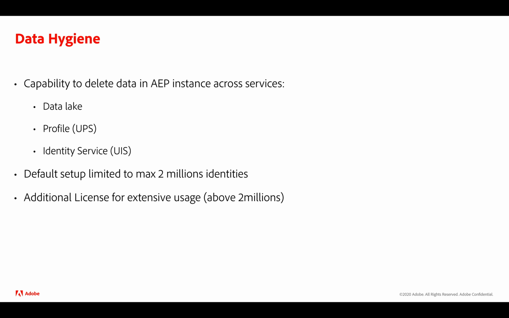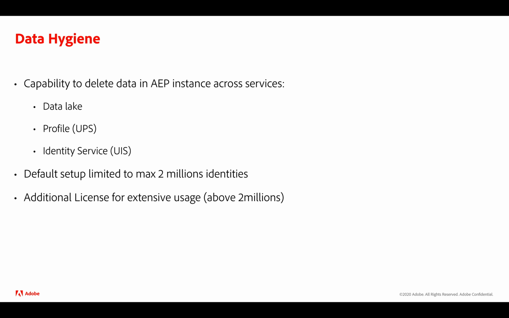In Adobe Experience Platform, we also have a capability to delete data across services. So in data lake, profile, and identity services, if you delete data there, it will automatically be deleted from all of the other downstream services that IP uses. This is called data hygiene. There are some default limits set up, but you can always buy more license for extensive usage. I think the max is 2 million identities.